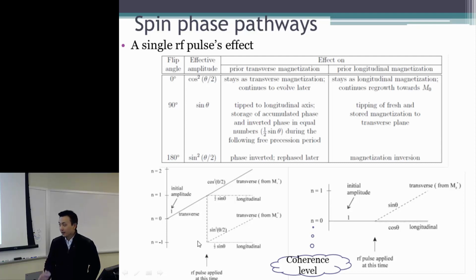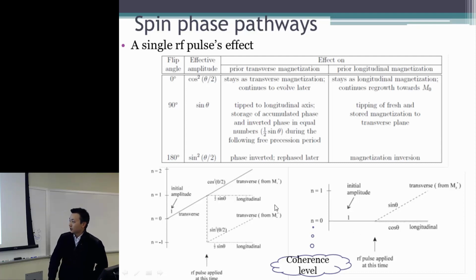Then it will still keep developing, because it is still perpendicular to the external field and the magnetic moment is still the same. It will develop along the same direction, and when it reaches the zero point here, it will create an echo. So this pathway is actually the spin echo pathway.